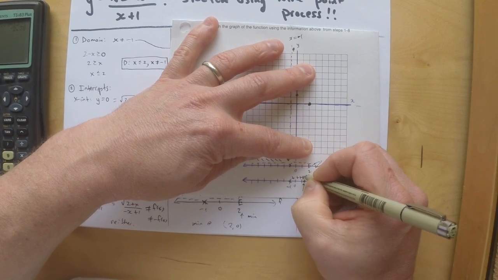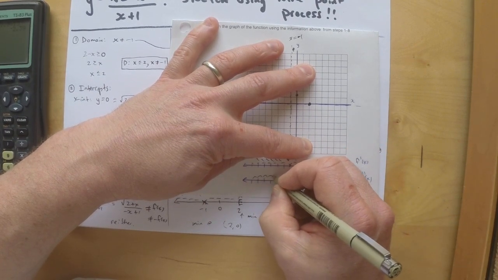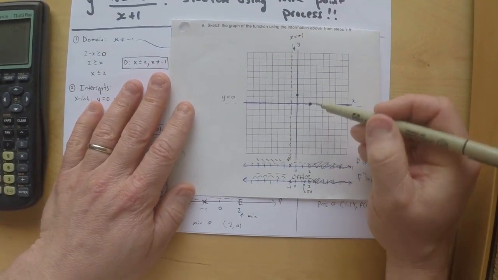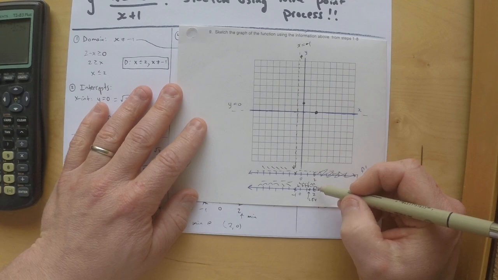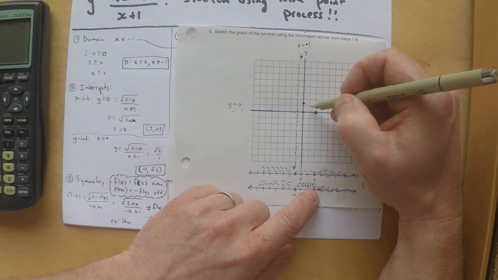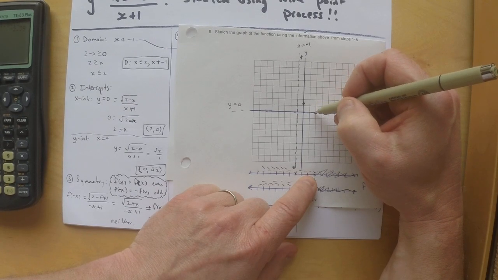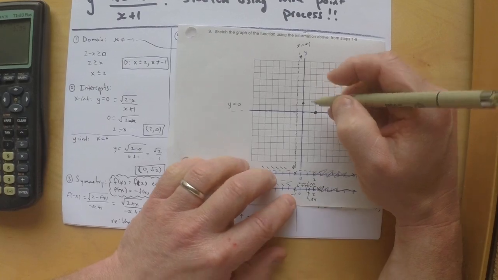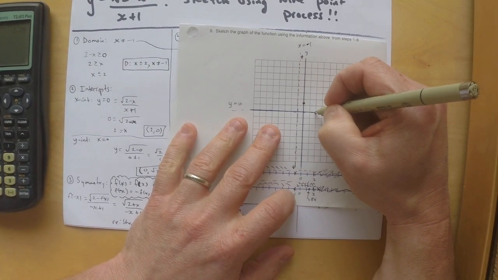This is concave up. This is concave down. And now I can go up here and I can get a nice sketch of this. So I know this is a minimum. I know it's concave down and negative slope. So it must be doing something like this.